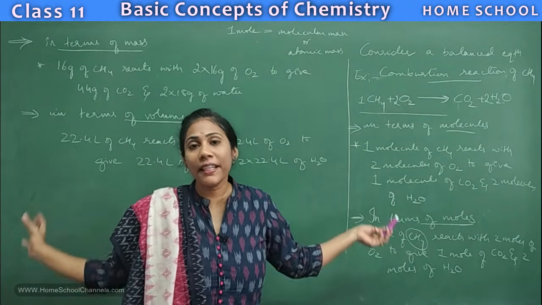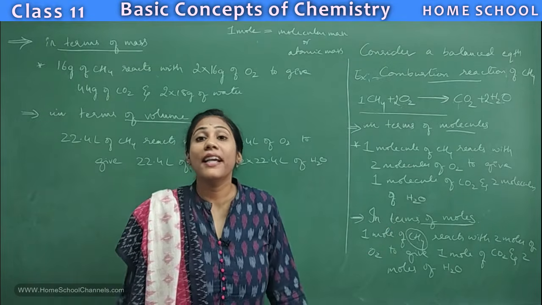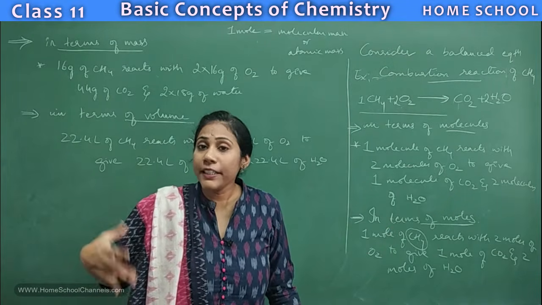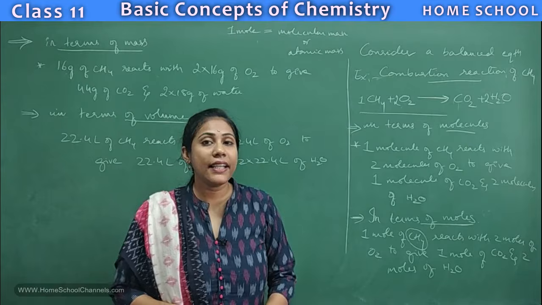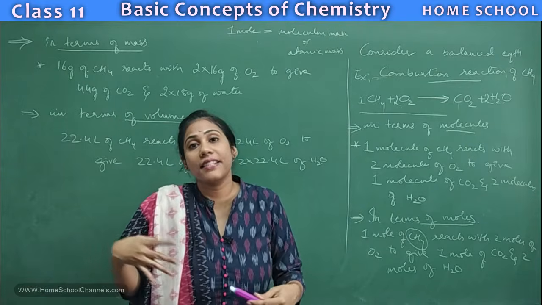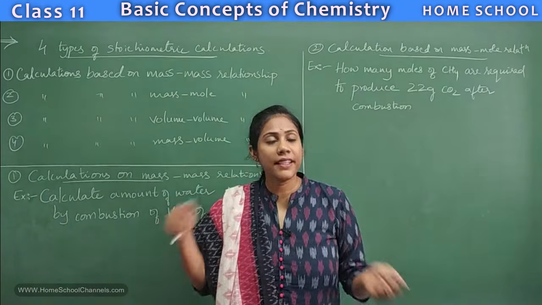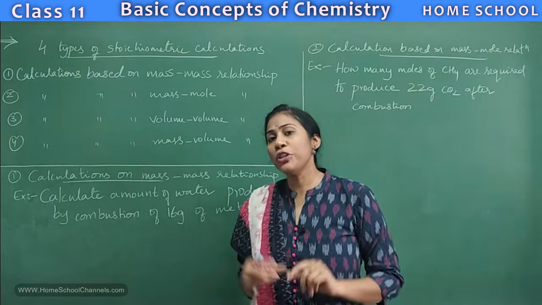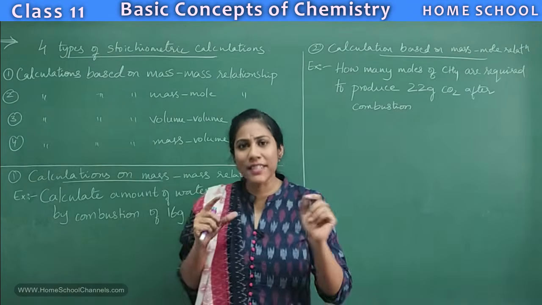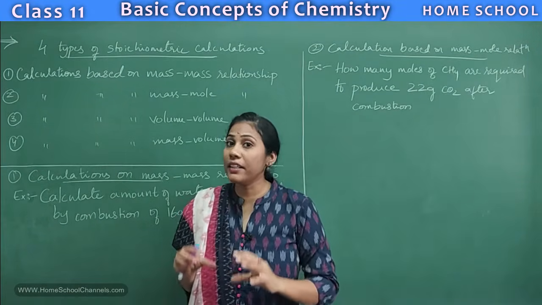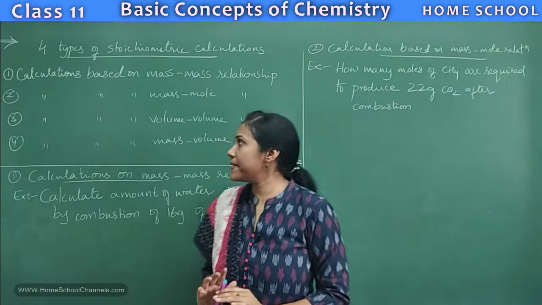Okay, so now keeping this information in our mind, let us see what are the different types of stoichiometric calculations and let us understand how to calculate. See guys, all the stoichiometric calculations, for the sake of convenience, are divided into 4 categories.